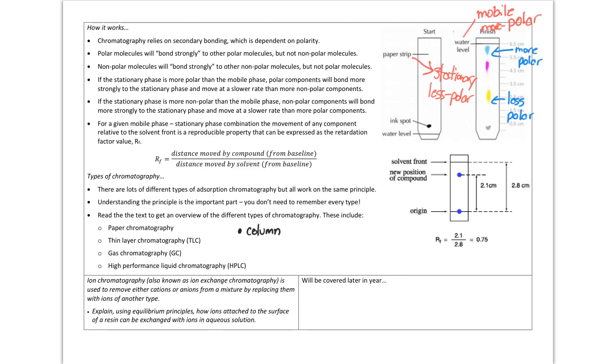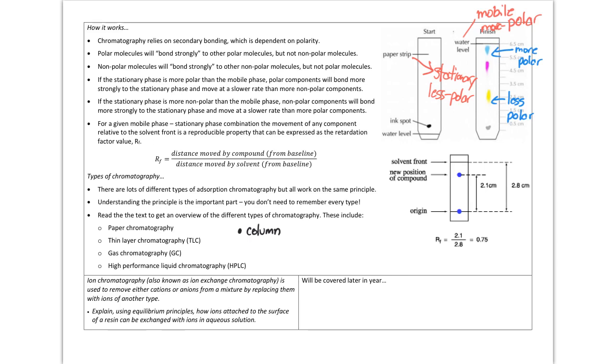In fact, I've done column chromatography in a lab, and we just use a burette and fill it up with some solid that acts as the stationary phase, and then we pour a mixture through it, and the different parts of the mixture will move faster and slower through that column based on their polarity. Just in the same way as the different ink stains moved up the paper at a different speed. I think it talks about that in the book, and you'll see pictures of that in the book, so I won't try and draw a picture here now.